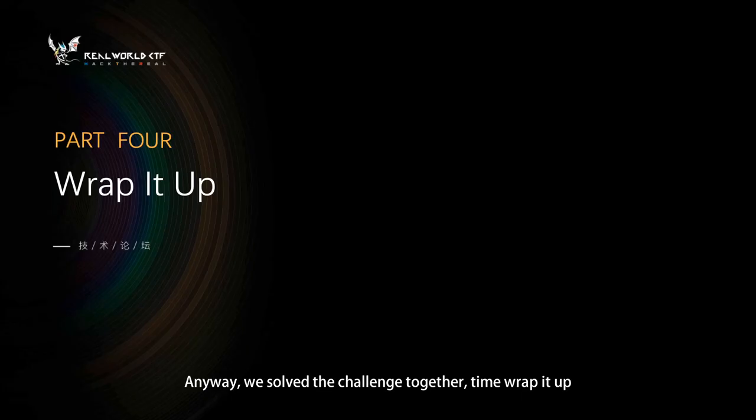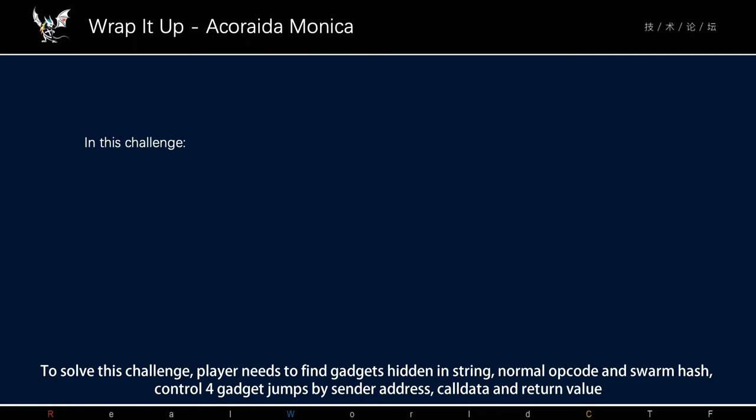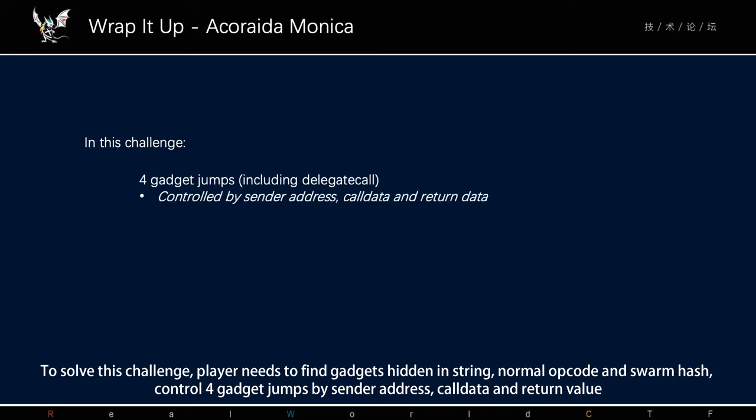But anyway, we solved the challenge together, and it's time to wrap it up. To solve this challenge, players need to find gadgetsheading in strain, normal opcode and swarm hash, right?